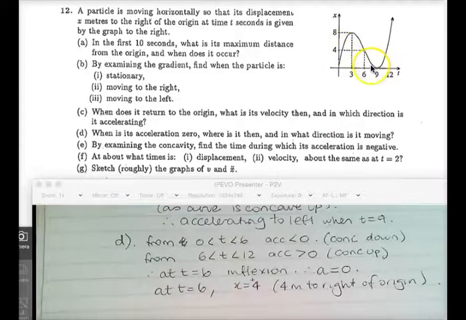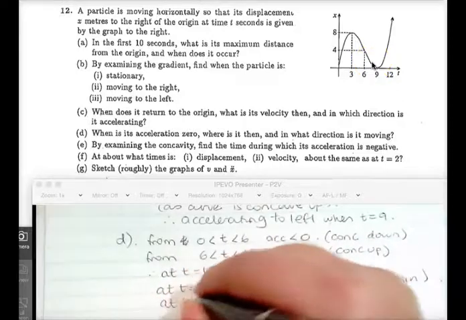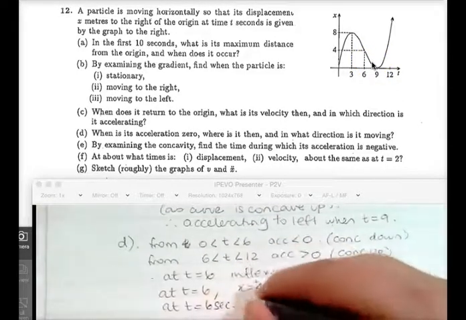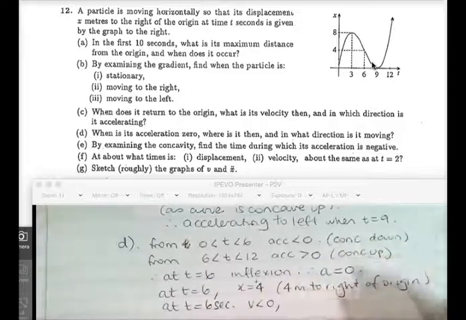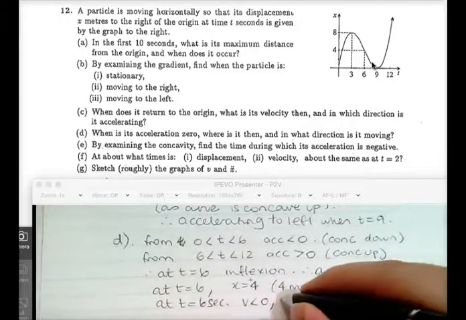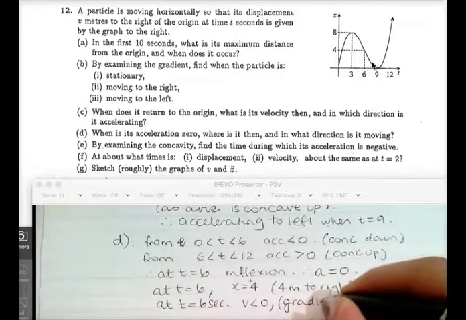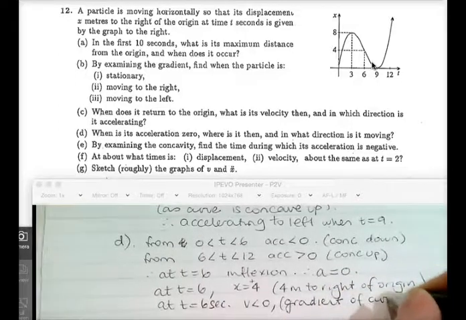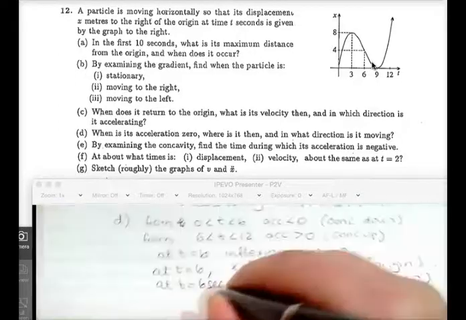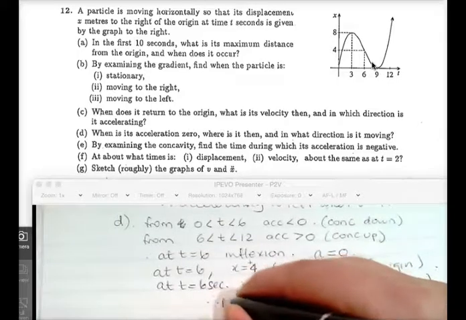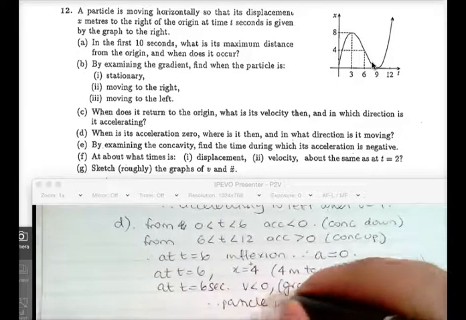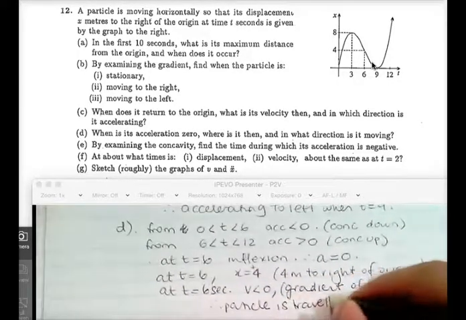Well, at t equals 6 seconds, velocity is negative because the gradient of the curve is less than 0. Therefore, the particle is traveling to the left.